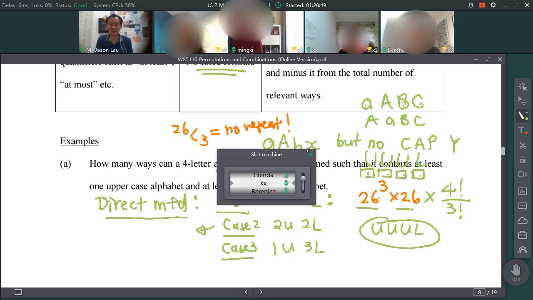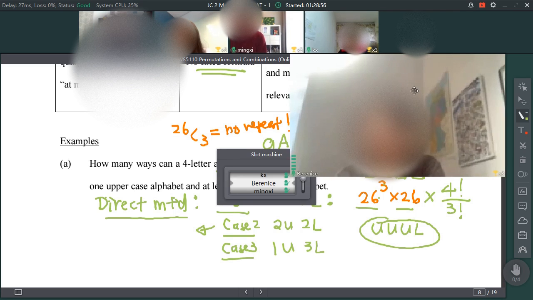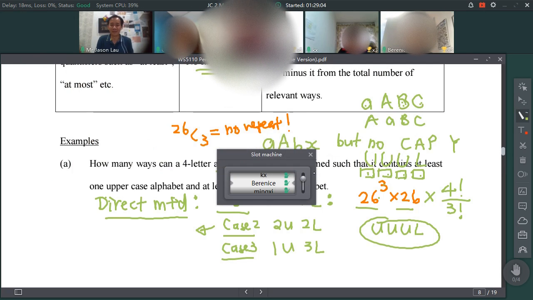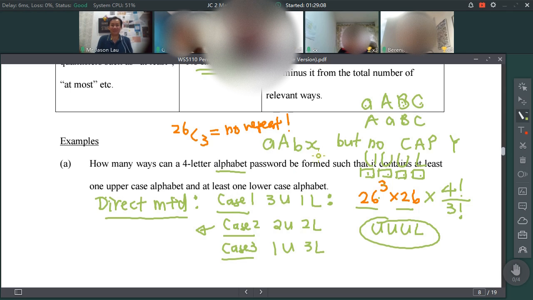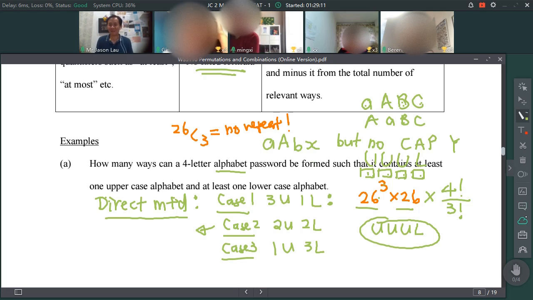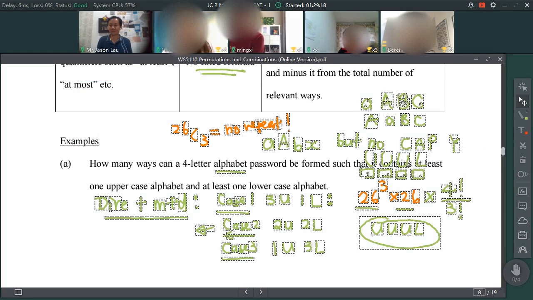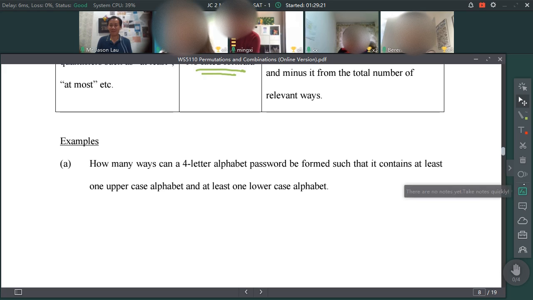Mingxi, your turn. It's just that the slotting machine likes Mingxi. If you don't believe, Mingxi will come out again. Mingxi, hurry up. They say you are very slow.